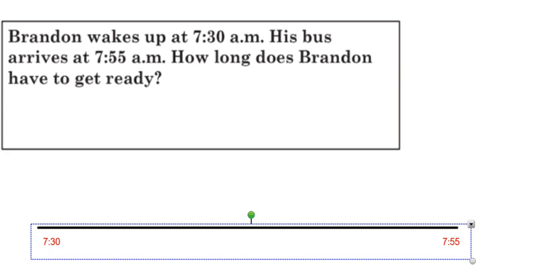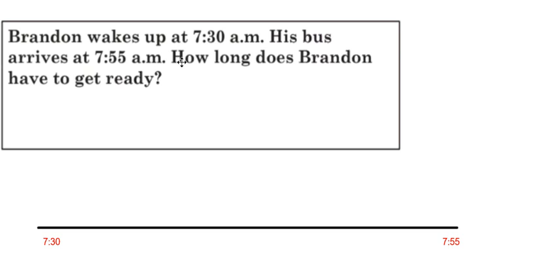Exercise number 1, it says, Brandon wakes up at 7:30. As I am reading it, I'm marking the text, 7:30 a.m. His bus arrives at 7:55 a.m. How long does Brandon have to get ready? So if he woke up at 7:30 and the bus gets there at 7:55, all we have to do is jump to determine how many minutes.